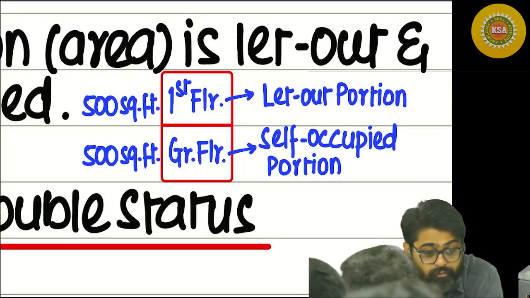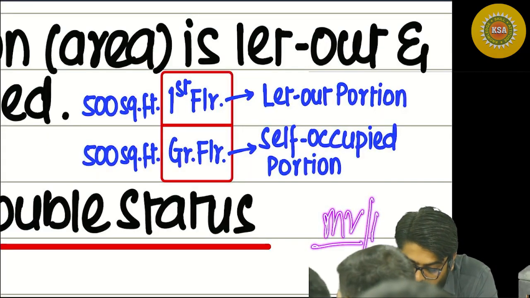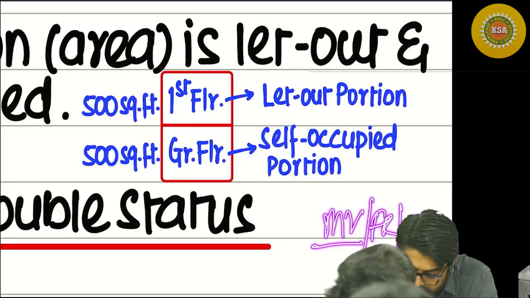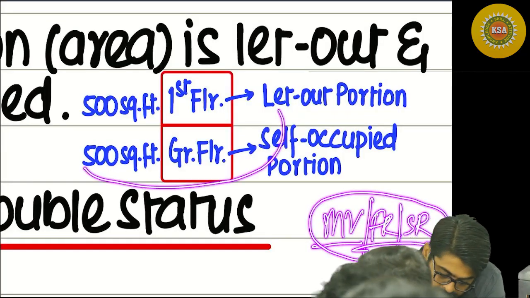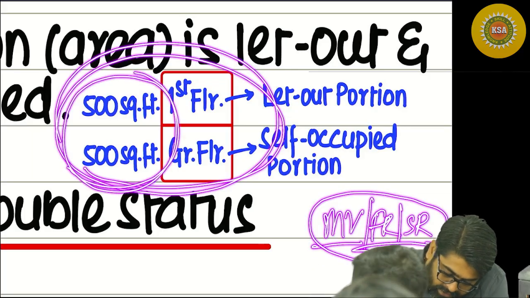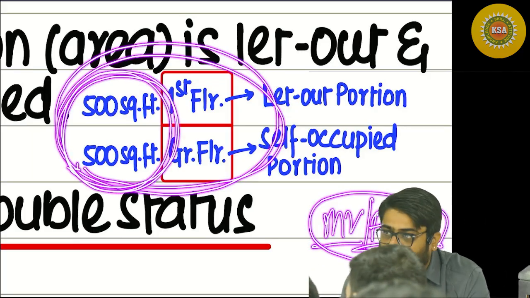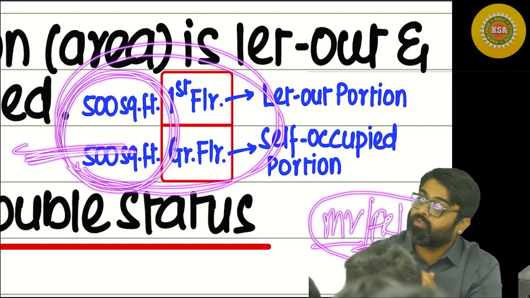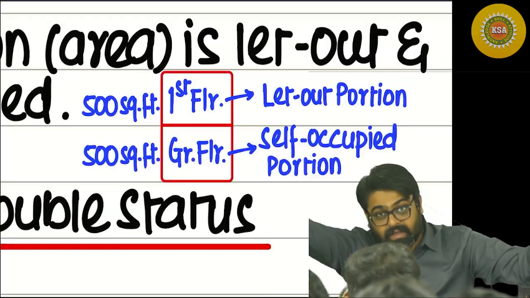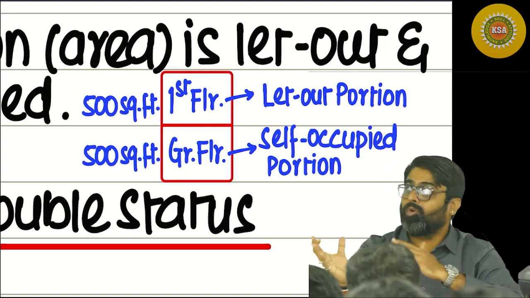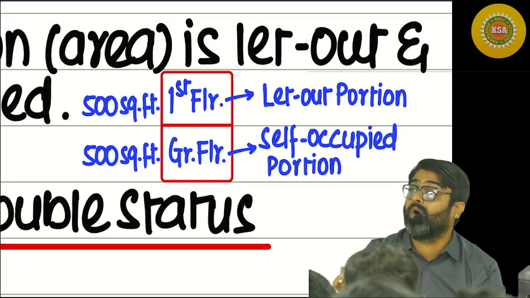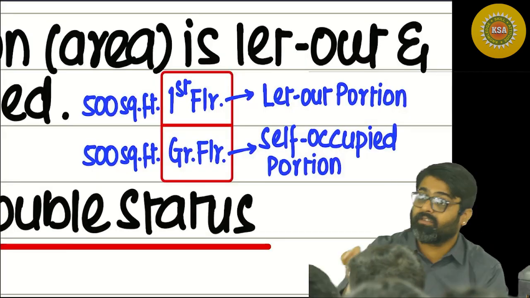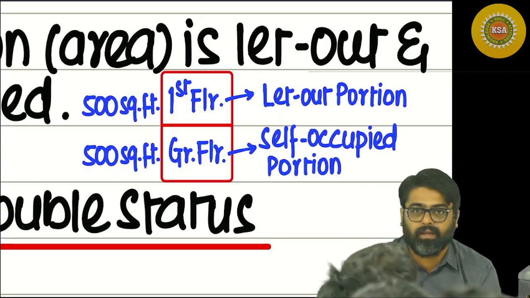Because if the municipal value, fair rent or standard rent is given for the full property having an area of 1000 square feet, out of which 500 square feet is let out, how much municipal value, fair rent, standard rent should be for that 500 square feet area which is let out? So you'll have to divide it in the ratio of the area which is let out and self-occupied. Yes or no?